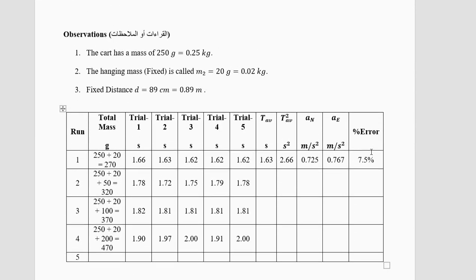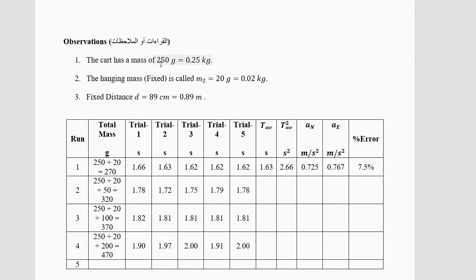Now what are the observations? The cart has a mass of 250 gram, which is 0.25 kilograms. The hanging mass is fixed at 20 grams, which is 0.02 kilogram. Fix the distance. In this data we have fixed it as 89 centimeters, which is equal to 0.89 meters.